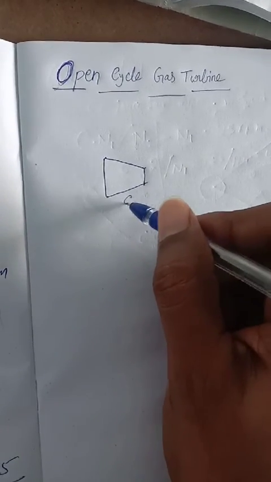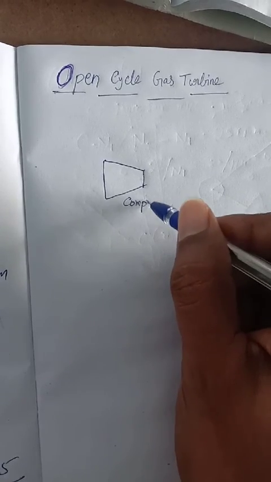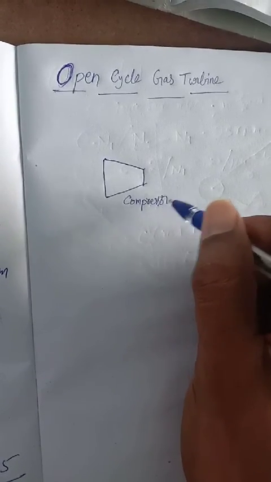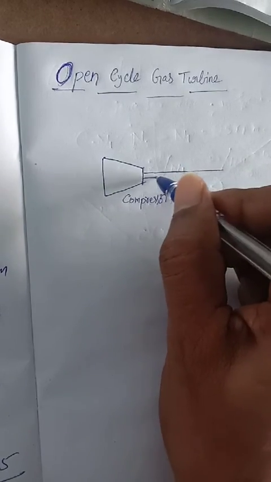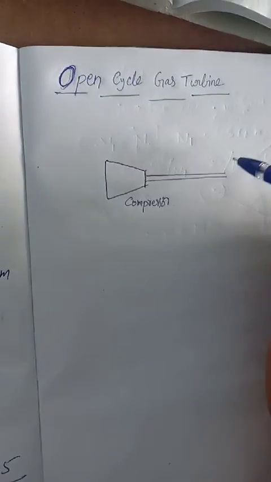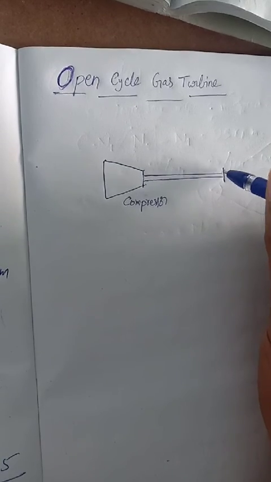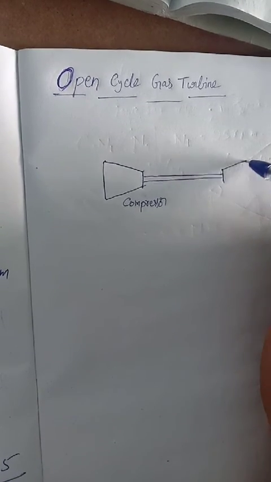Now this is the compressor. And then here it is coming from the turbine.